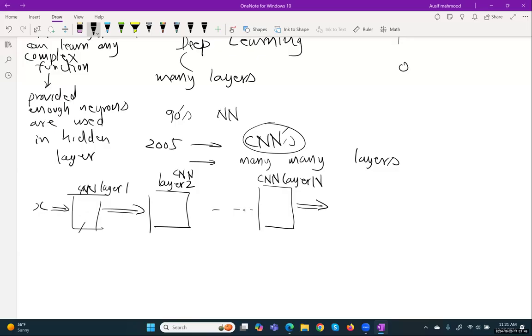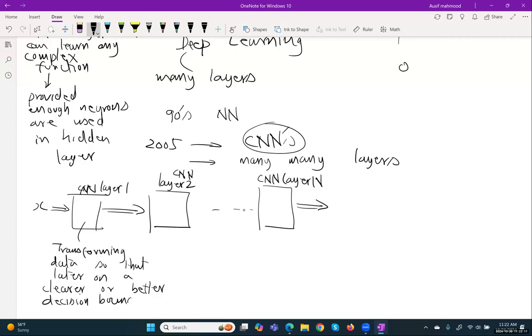So each layer is basically transforming data so that later on, a clearer or better decision boundary can be created.